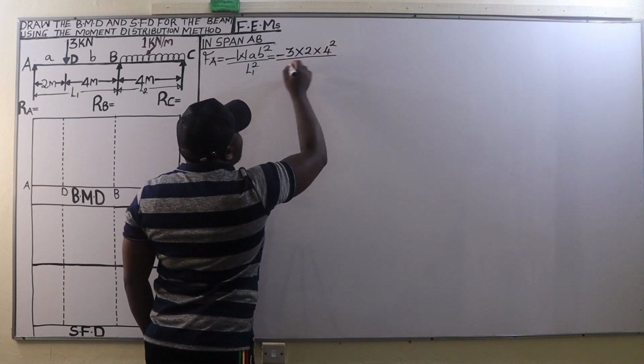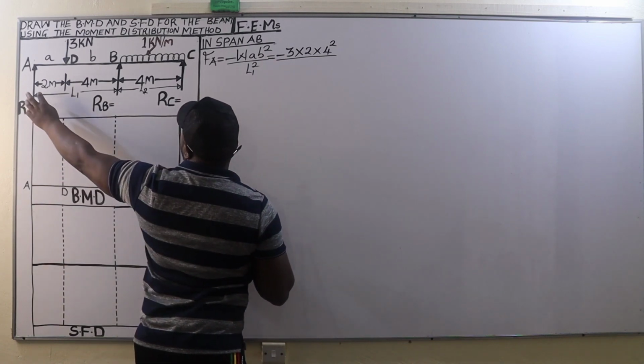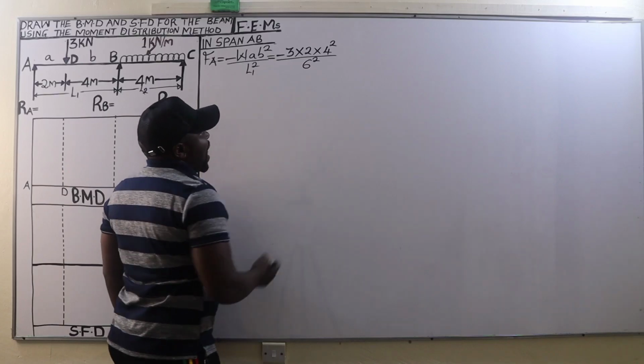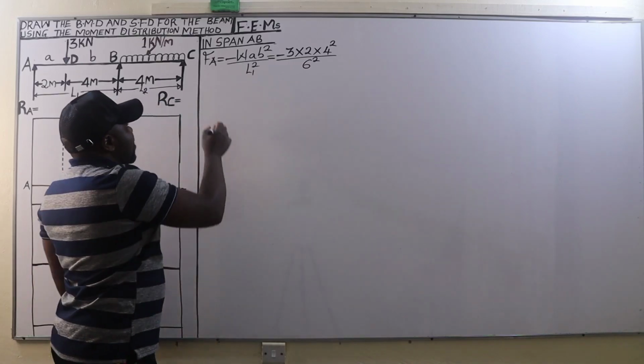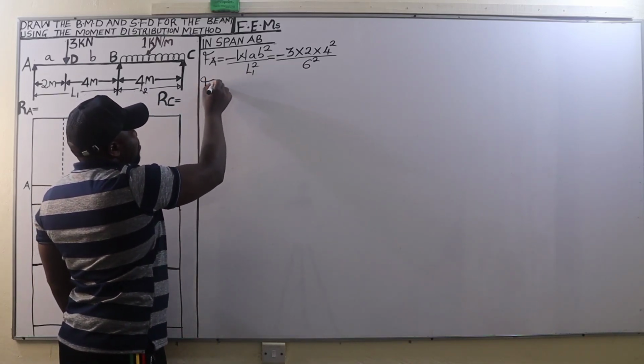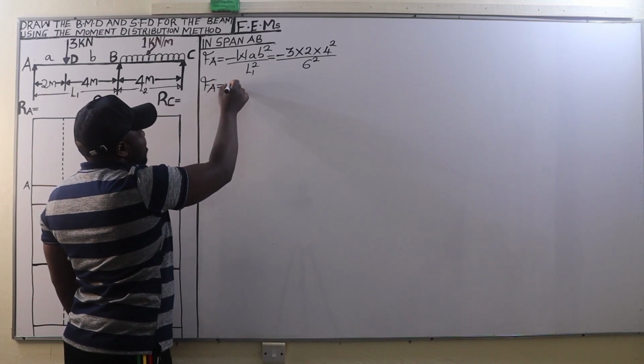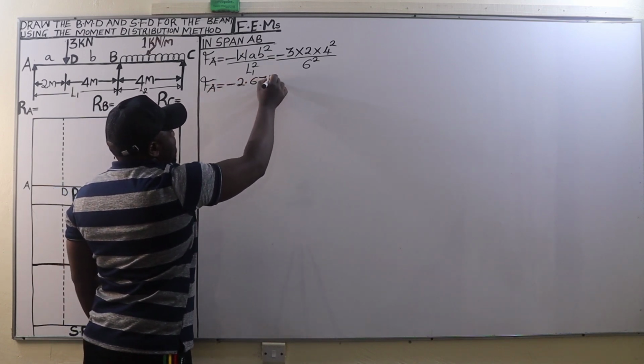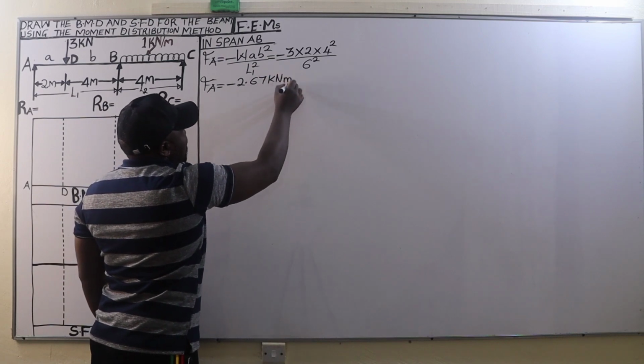Then we divide this by the overall span A to B, which is 6 meters, and then we square that 6. When we do so, this is going to give us a fixed end moment of negative 2.67 kilonewton meter.